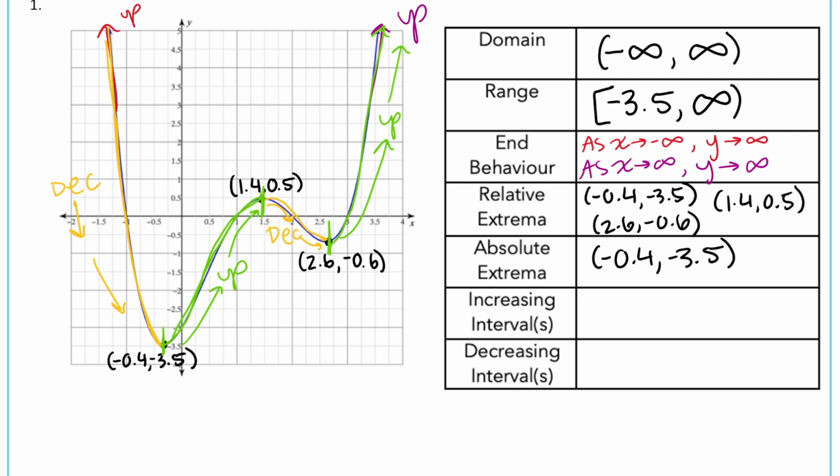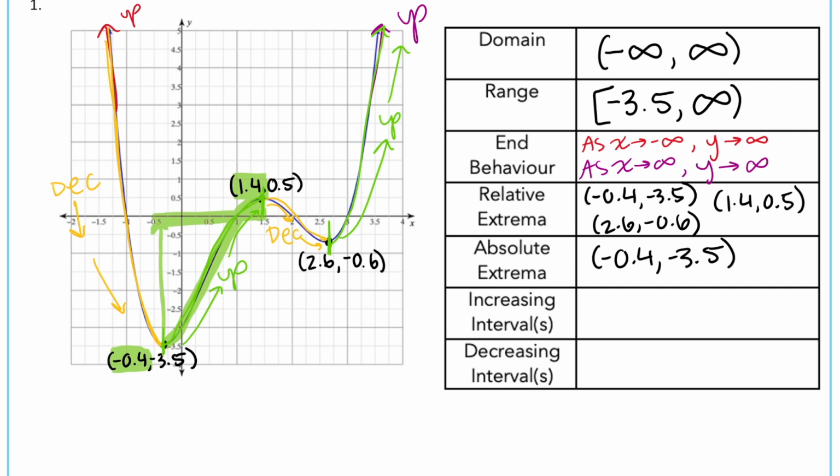So increasing intervals, I have 2 different intervals. So let's start with our first interval. Right here, this little slice. Now remember we use x values to describe these intervals. And the x values are on the x-axis. Or I'm using the x values of my coordinates.